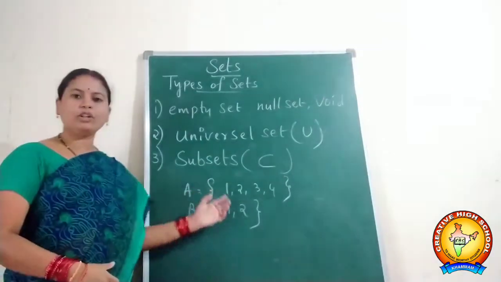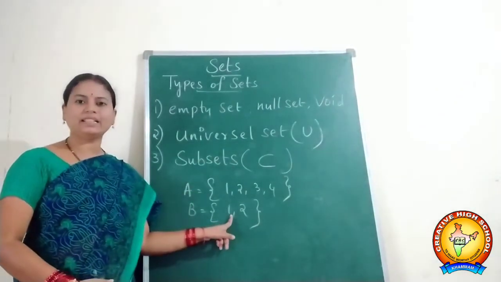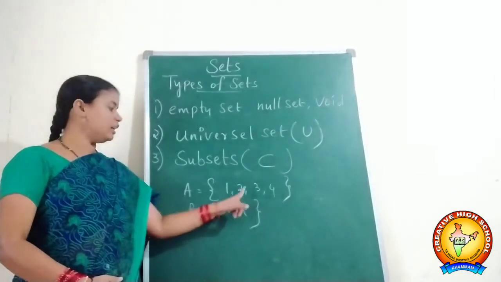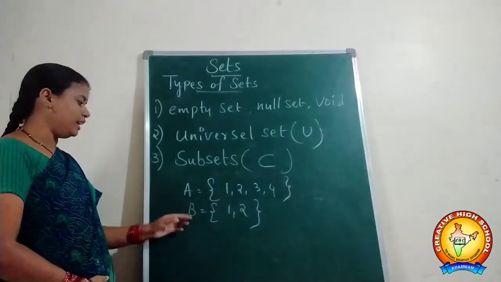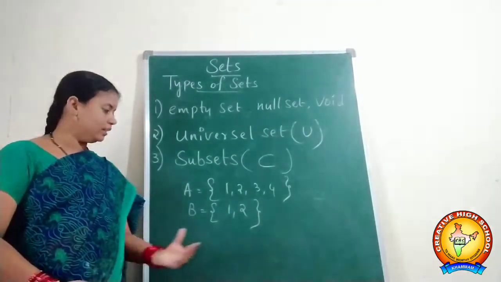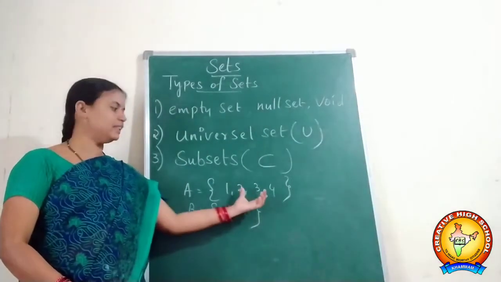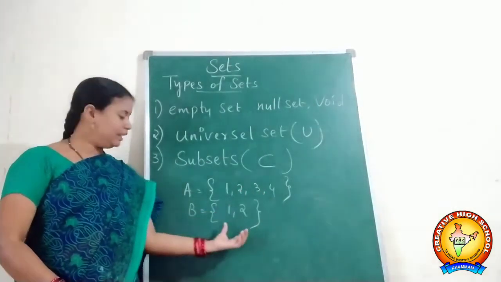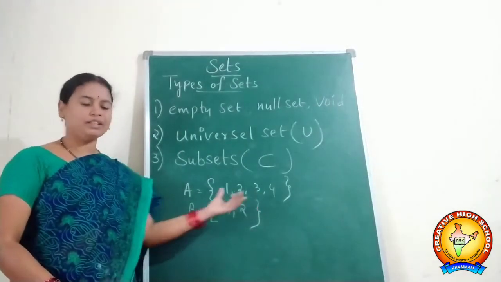See here, if you observe these two sets, the elements which are present in set B are also present in set A. So here B is called the subset of A. If the elements present in one set are also present in another set, then the first set is called the subset of the other set.